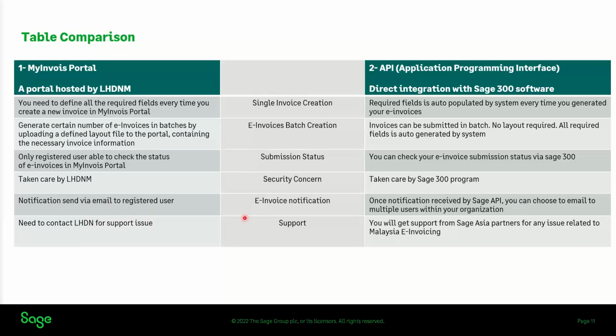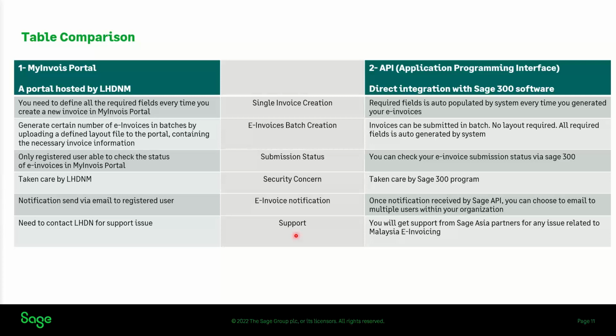If you are using the Sage 300 API, the notification can be received by the API itself, and once received, it will be displayed on your Sage 300 screen, and you can also choose to email multiple users within your organization. So everyone involved with this invoice can get notified of your invoice status.